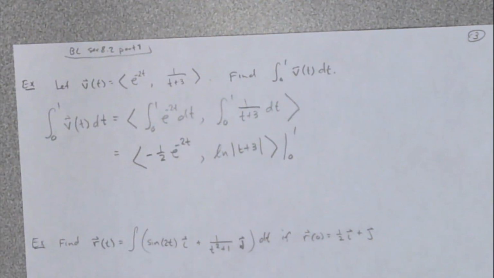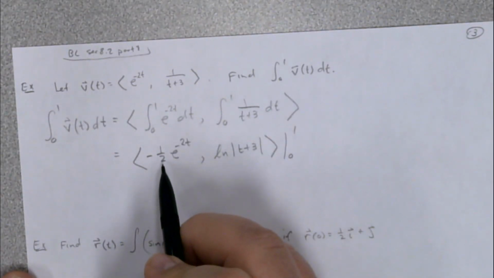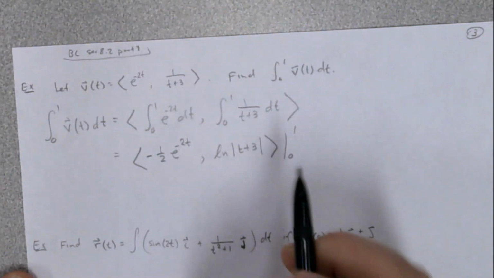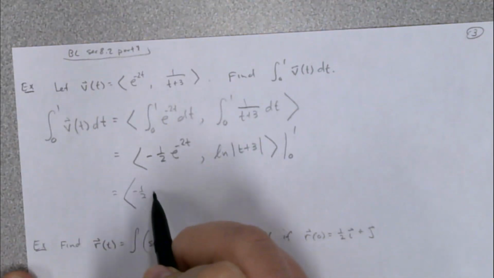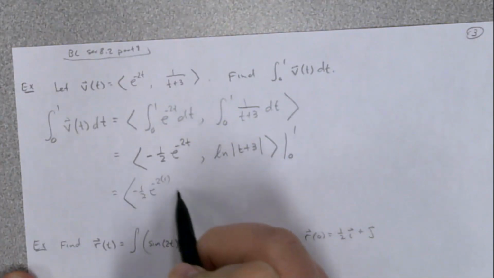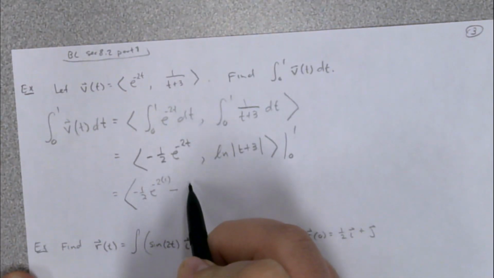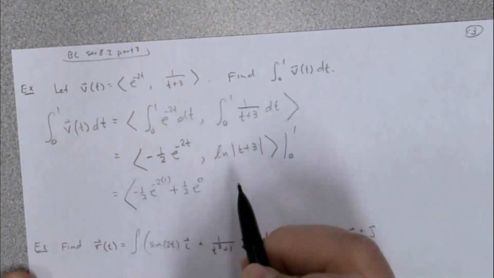Okay? So then we're going to plug in 1 minus upper minus the lower. So this is going to be a negative 1/2 e to the negative 2 times 1 minus a negative 1/2, which makes this plus 1/2 e to the 0.